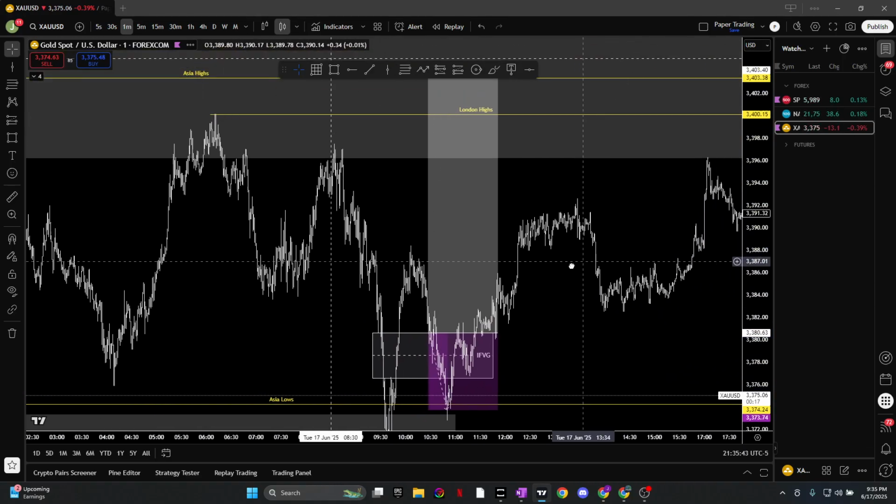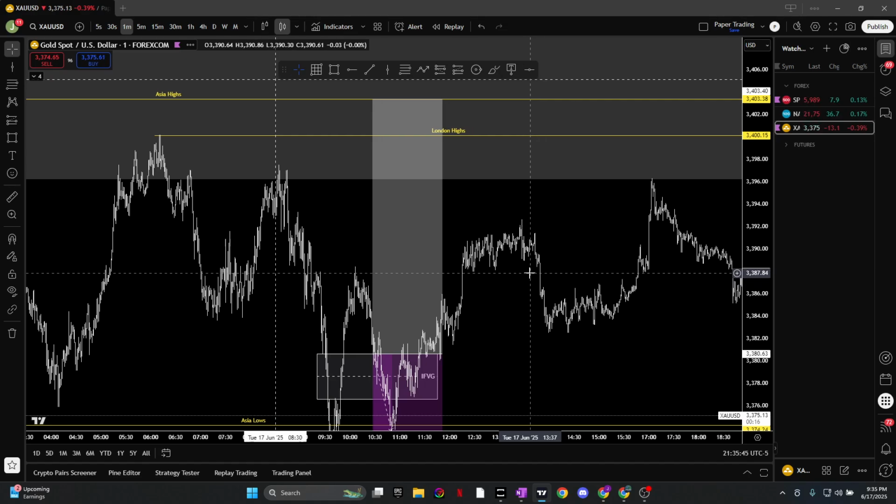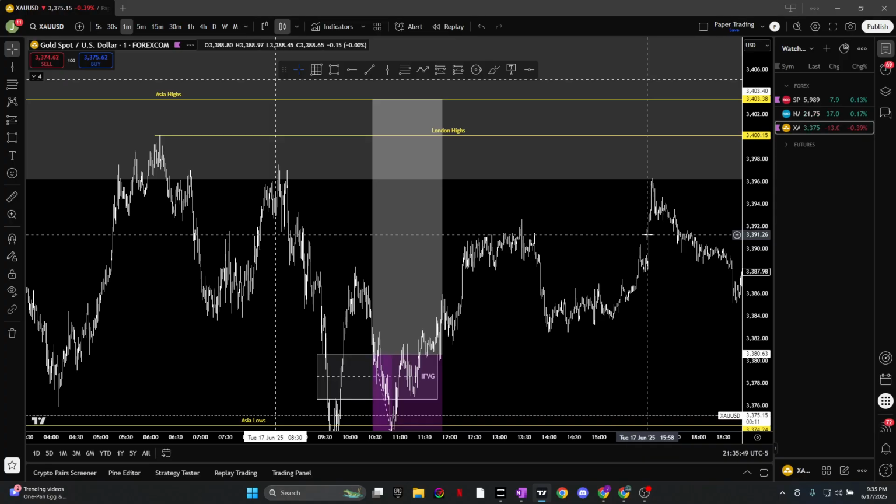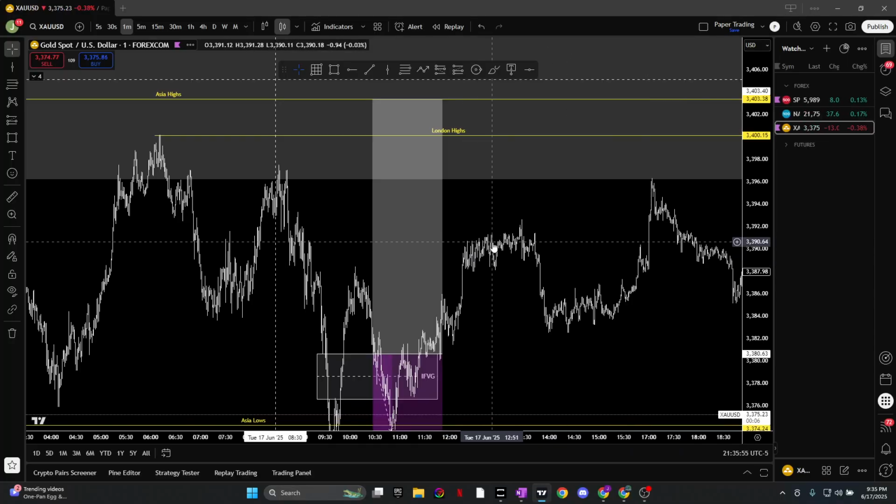Let me find that 3:55. So that's the 4 o'clock window, that's 5 o'clock. So right here, this probably would have been a time where I closed, after all the consolidation and then a sudden move up like that without a proper manipulation to the downside, filling this value gap.